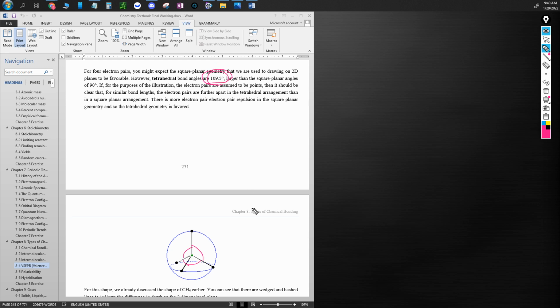Now you may ask, we have a CH4. Let's just follow the same thing. Okay, that was CH4 as a tetrahedral shape. What if we have one that's removed? Not CH4, but similar yet different, which is called NH3.